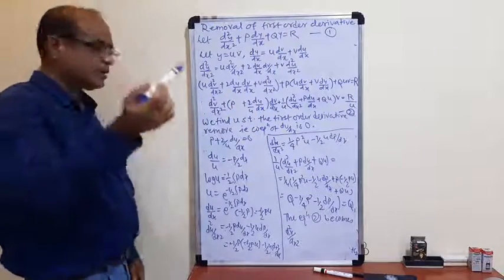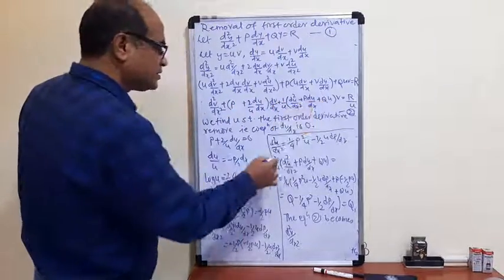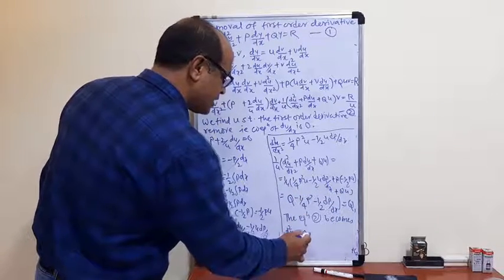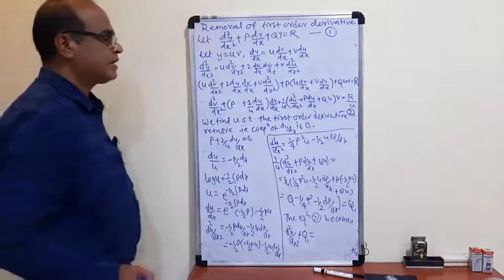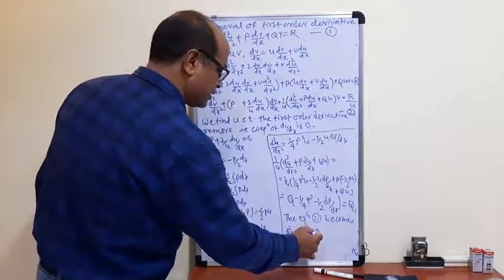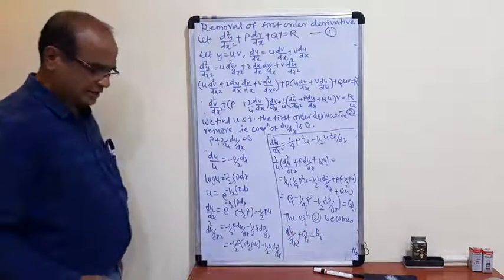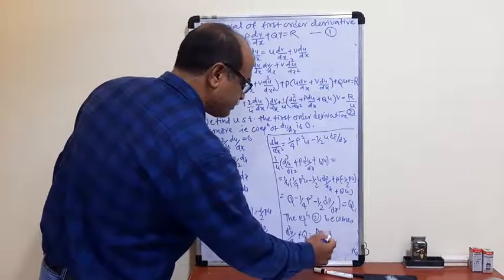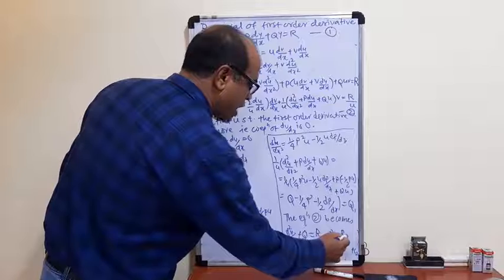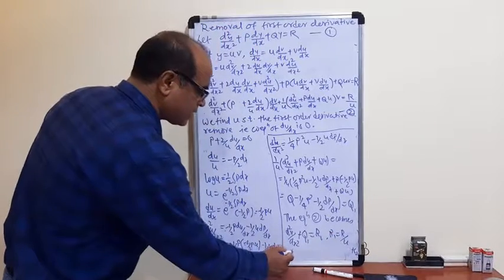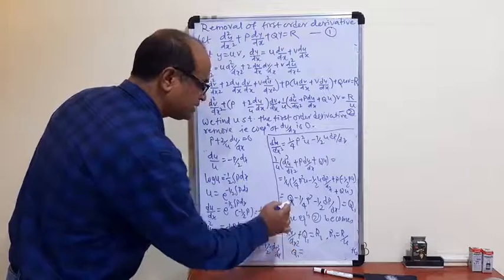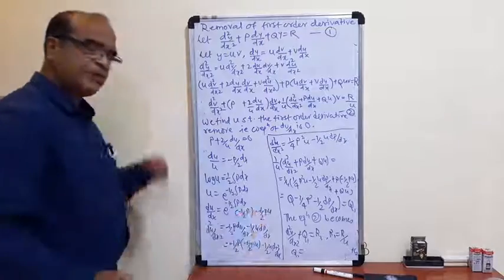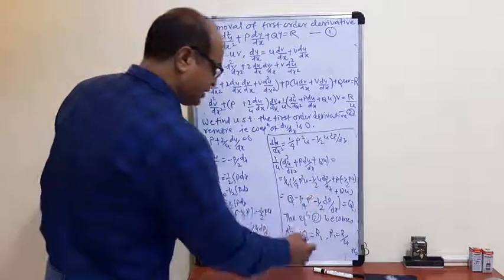Plus this term q1 v is equal to r1. So what is r1? r1 is equal to r upon u. And q1 is q minus 1 by 4 p square minus 1 half dp by dx.